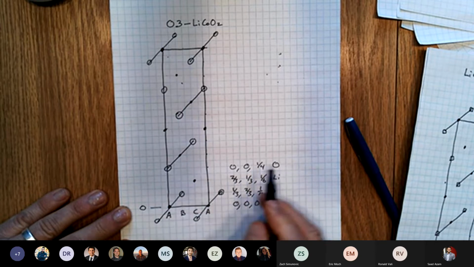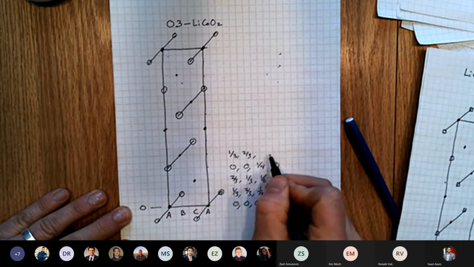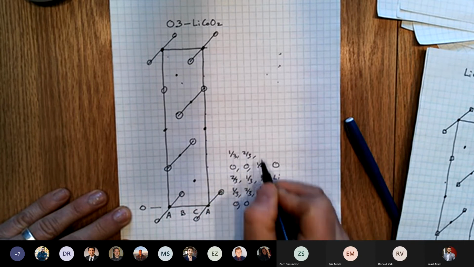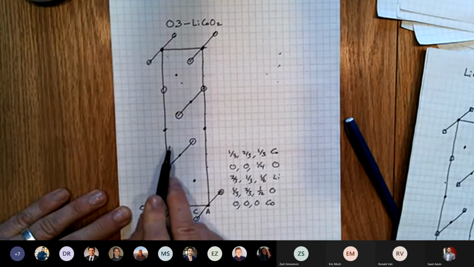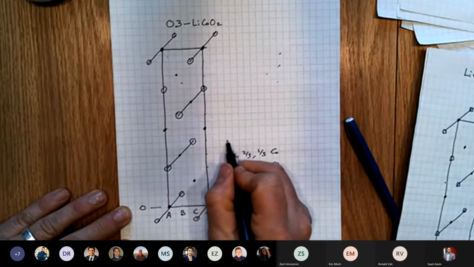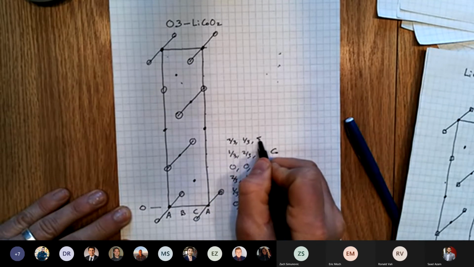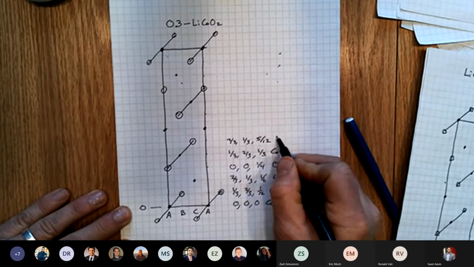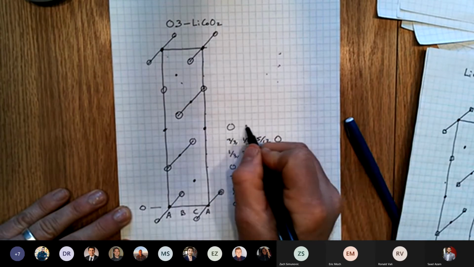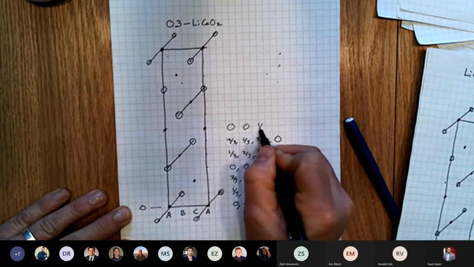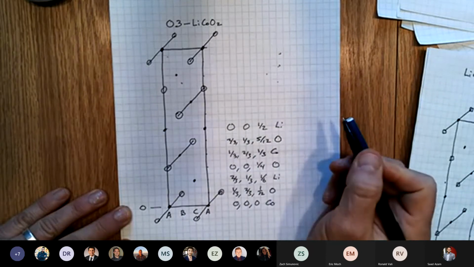Then we have cobalt at 1/3, 2/3, 4/12 is a 1/3. And we have oxygen at 2/3, 1/3, 5/12. Lithium is on the A site, that's 0, 0, 6/12 is a half, and so on, right?